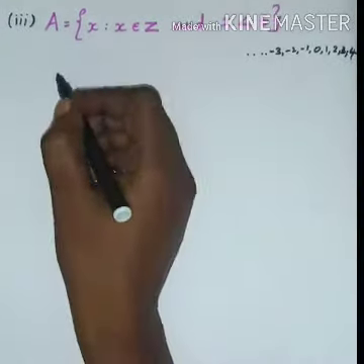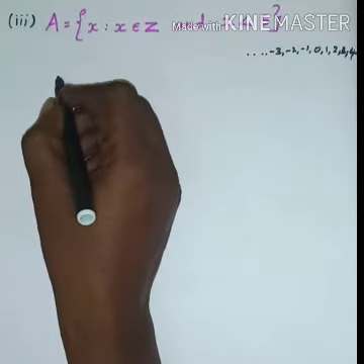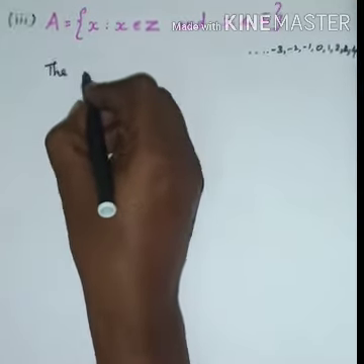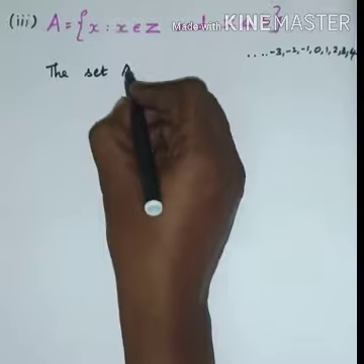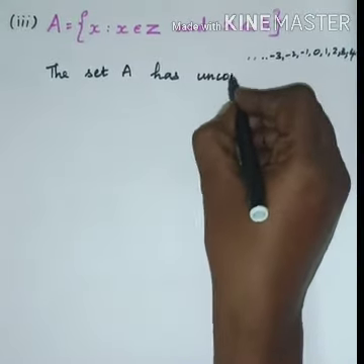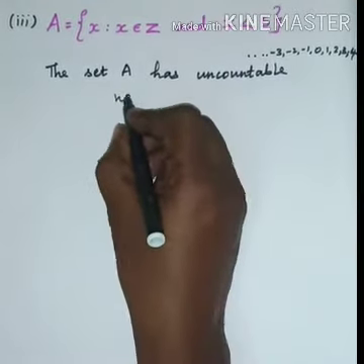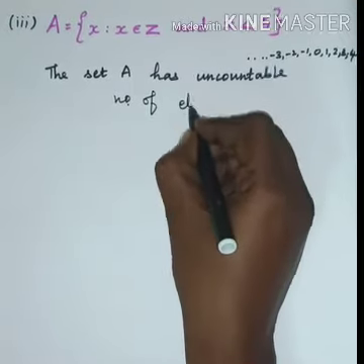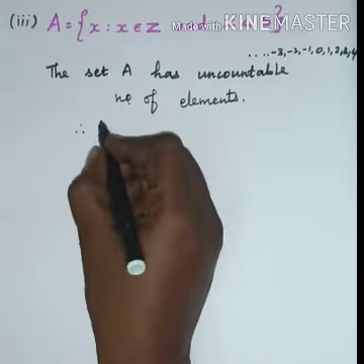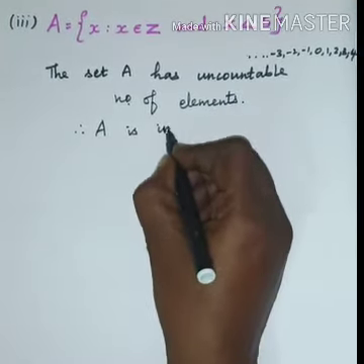Therefore, the set A has an uncountable number of elements. Therefore, A is an infinite set.